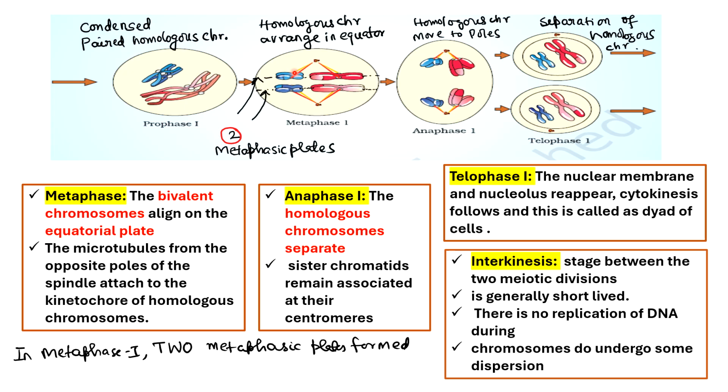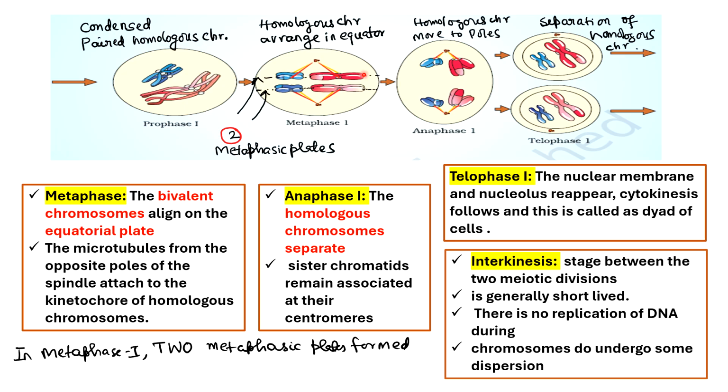Each chromosome, how many spindle fibers is it attached to? Each chromosome is attached to a single spindle fiber. In mitosis, we know that a single chromosome's centromere is attached to two spindle fibers. But here in metaphase 1, the centromere of a chromosome is attached to just one spindle fiber.